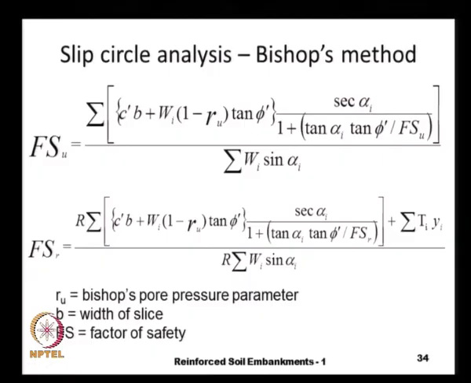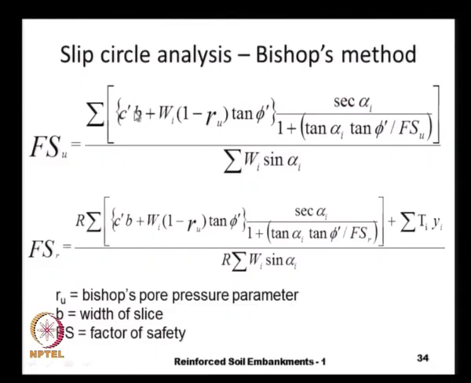We need to do some trial and error, like we first assume some factor of safety based on the Fellenius analysis, and then substitute that on the right hand side, and the factor of safety that we get from the first analysis is once again substituted back, and we do these trials until both left hand side and the right hand side are equal. Whatever is assumed is equal to the calculated value.